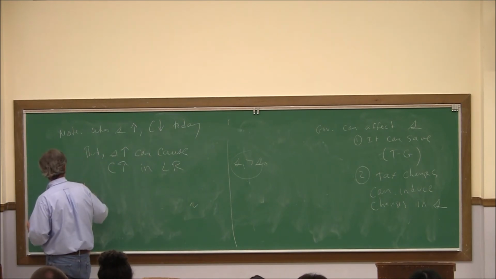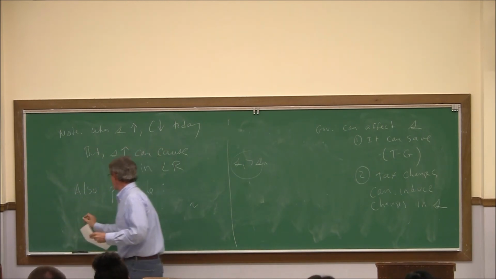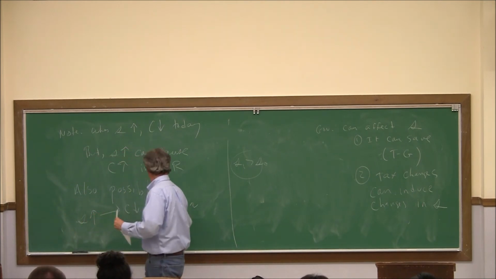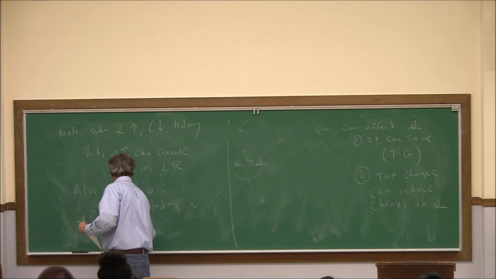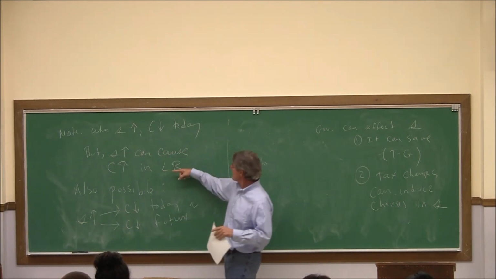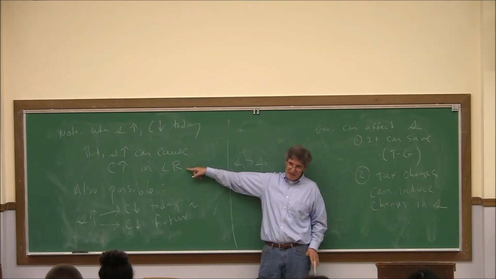Also possible, though, that S going up causes C down today and C down in the future. See, in this case, the future generations would want a higher savings rate to reach the golden rule because they'll get more consumption in the future.